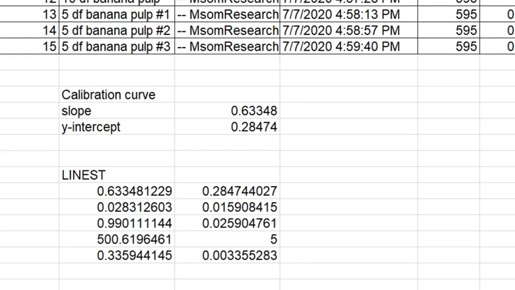One of the benefits of using this function LINEST is that you get the error of the slope and you can get the error of the y-intercept. And this might come in handy later, but it's actually more than you need to know for this experiment.